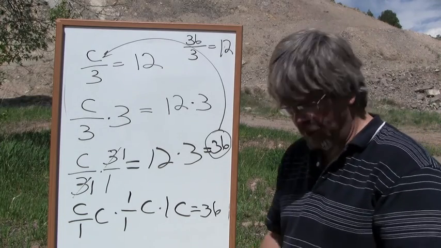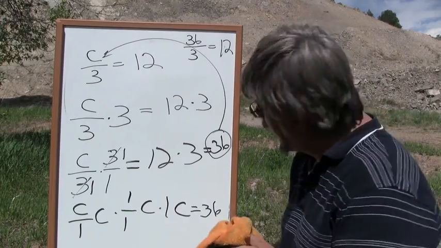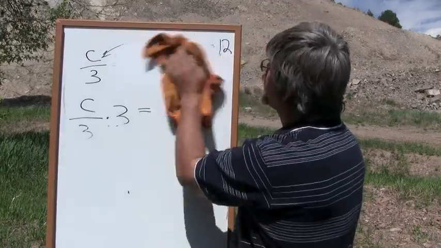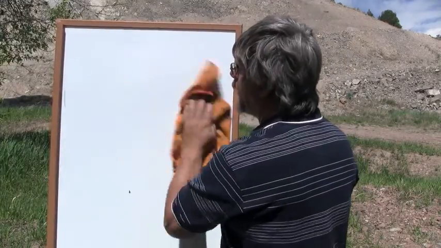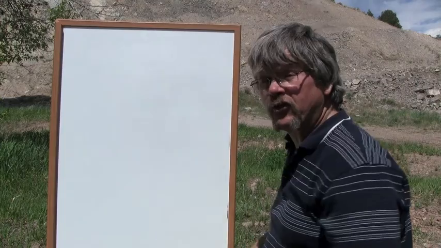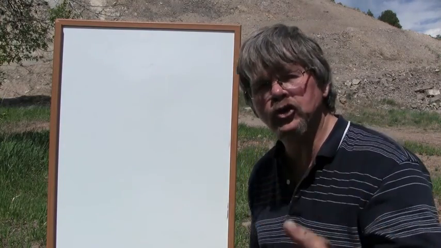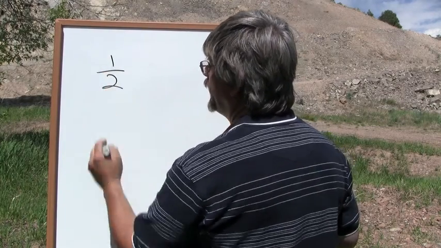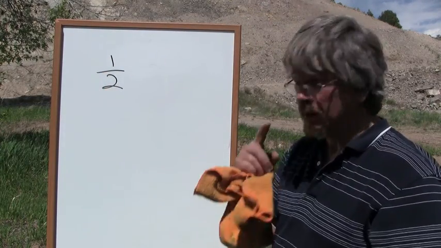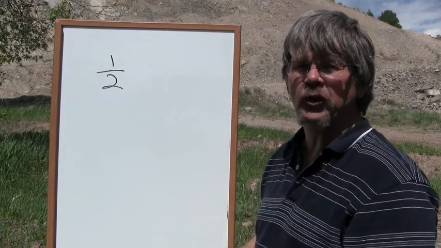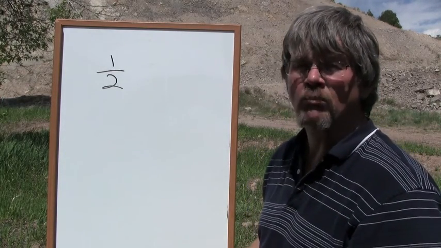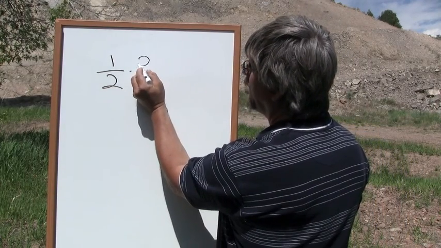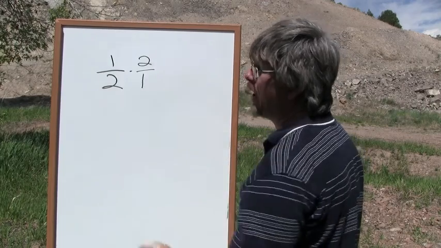So the idea here is just exactly like addition and subtraction. Multiplication and division are opposite operations. They undo each other. If you have the simple fraction 1/2, and you want to turn this into the number 1, you multiply it by 2, which is just 2 over 1.